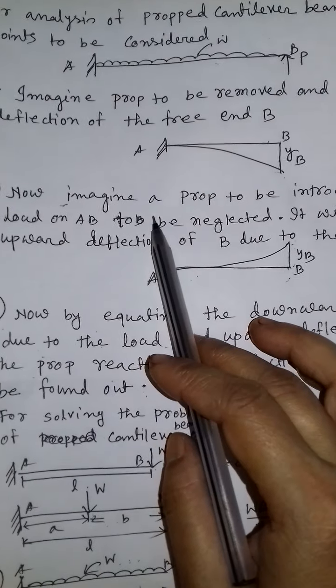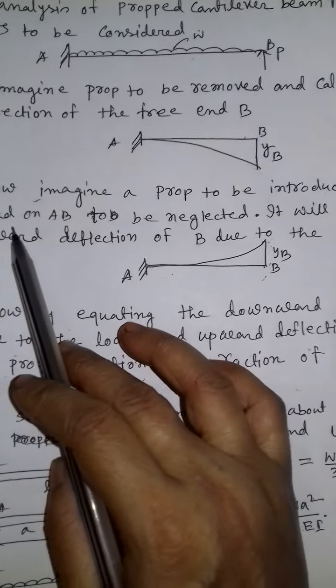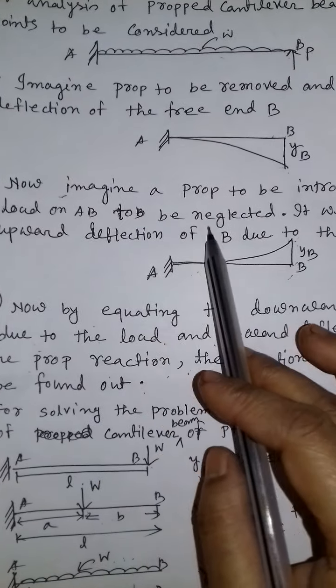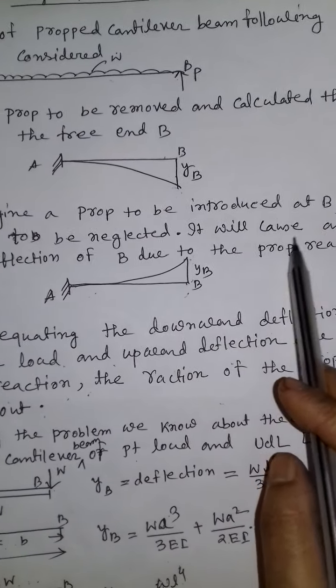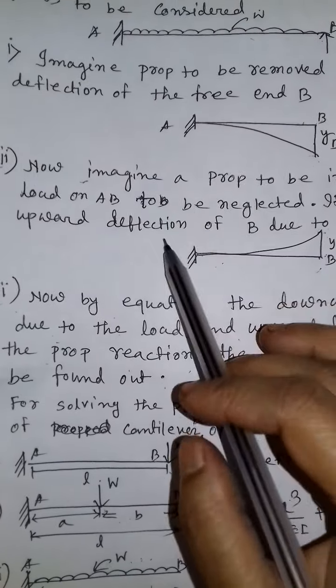So now imagine a prop to be introduced at B and the load on AB to be neglected. It will cause an upward deflection of the beam due to the prop reaction. So next step is equating both 1 and 2.